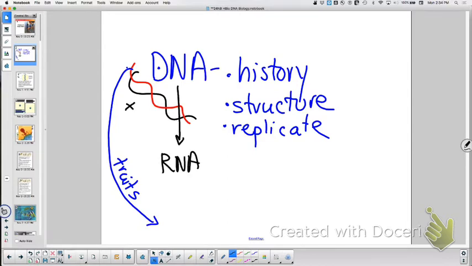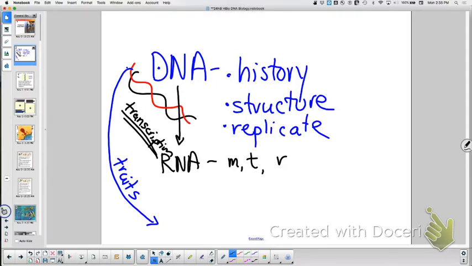And that process is called, do you remember? Transcription. Transcription is when you go from DNA to RNA. We also know that there are 3 kinds of RNA. What are they? mRNA, tRNA, and rRNA. And they all have different purposes, yes?